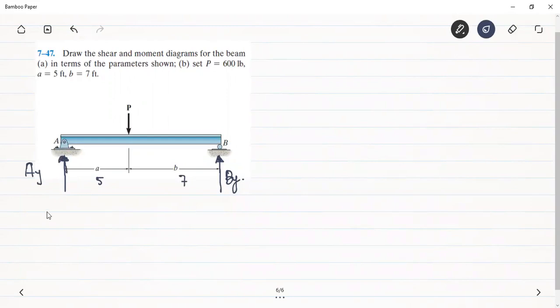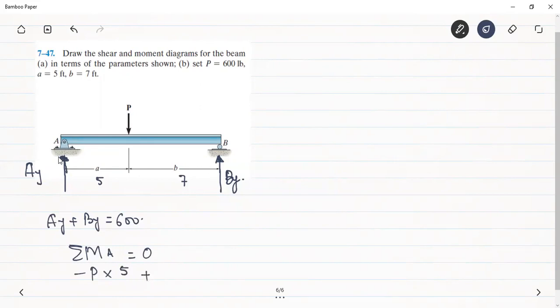You can also see that AY plus BY will be equal to P, that is equal to 600. Summation of moments about any point, let's take the point to be A, has to be 0. P will create a clockwise moment, therefore P into 5.